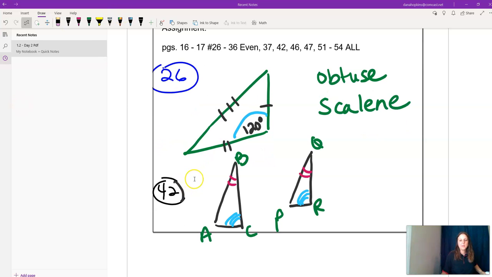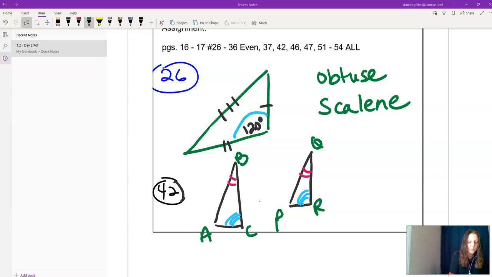Okay, this last example that I'm going to do with you, number 42, says, name the corresponding sides and angles of these two given triangles. Again, you can look at the book to see it better. So I'm just going to list out first the angles. You can either write a capital letter or you can write the little angle symbol.